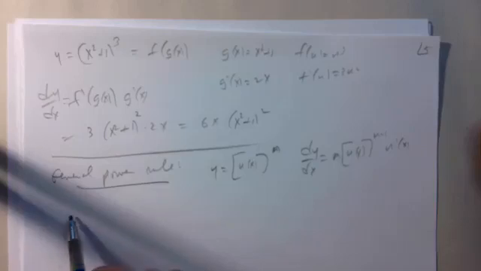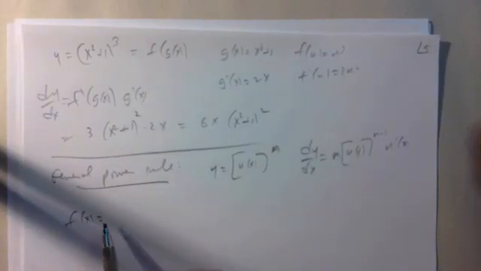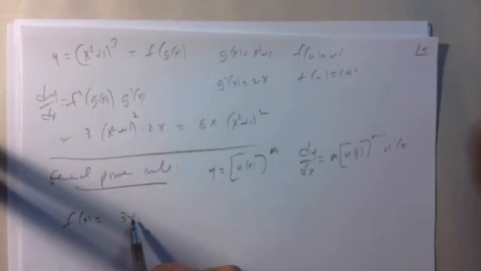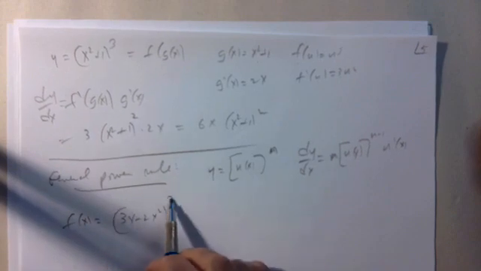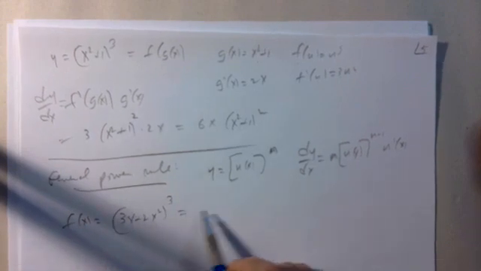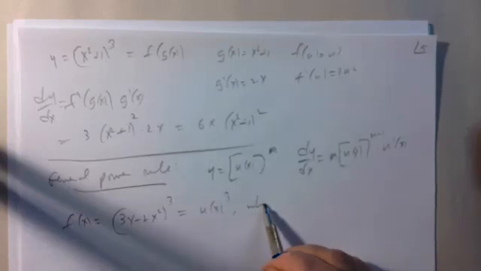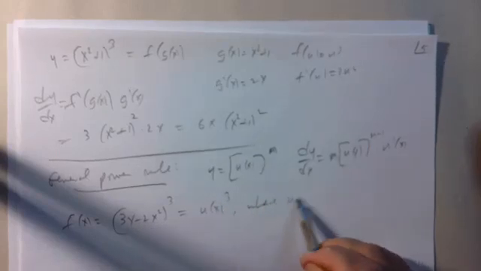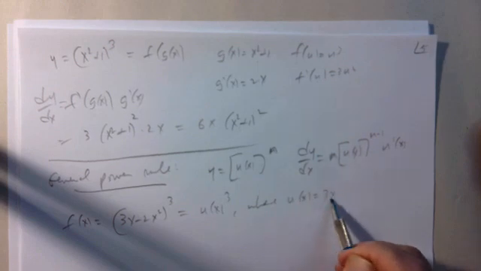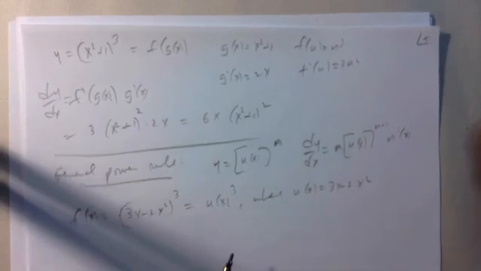So for example, if f of x is 3x minus 2x squared, cubed, this is like u of x cubed, where u of x is 3x minus 2x squared.